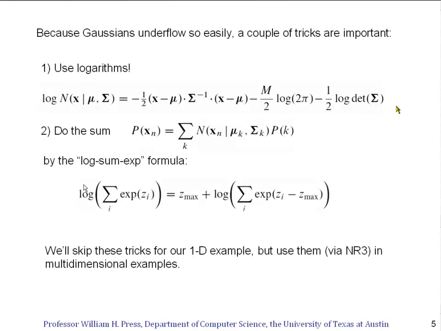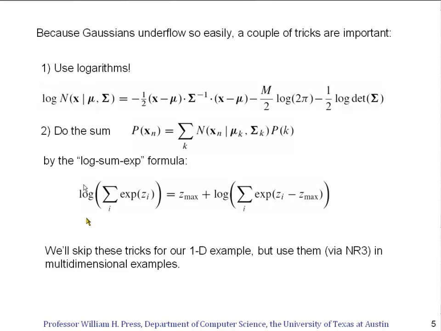You can work that out. But you say, I can't work completely in log space because I have to do this operation. I have to do a sum over normal distributions times something here, but in any case a sum over things which I need the thing, not just the log of the thing. And here's where a very useful little formula, trivial in a way, but very useful, the log sum exp formula comes in.